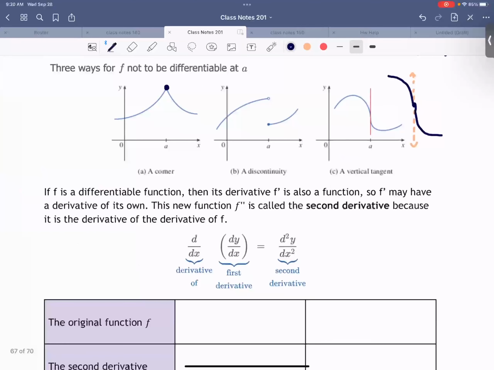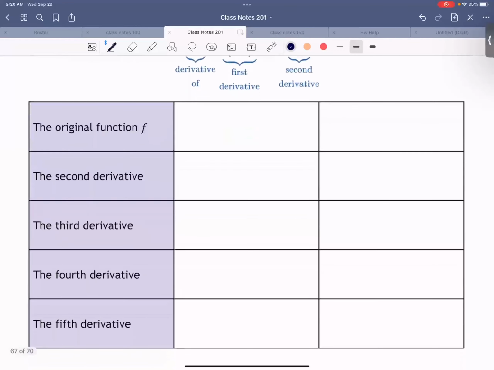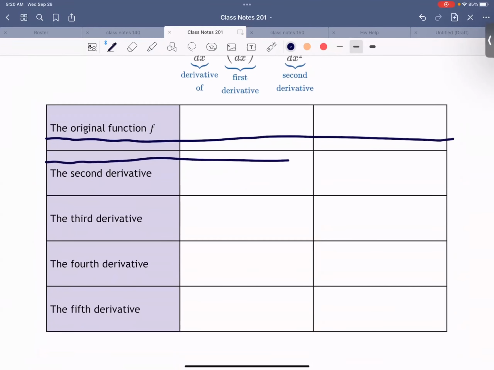So let's talk about higher order derivatives. Some other notation that you will see is, let's just say our function is f, and we want to find the derivative of it. Well, I would take the derivative of my function. To make this a little bit easier to understand, I have a little chart that I messed up when I made. What we're going to do with our chart is add an extra little category to this chart. I have my original function f.